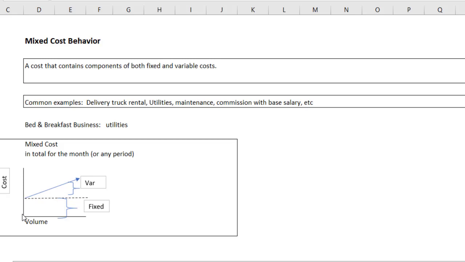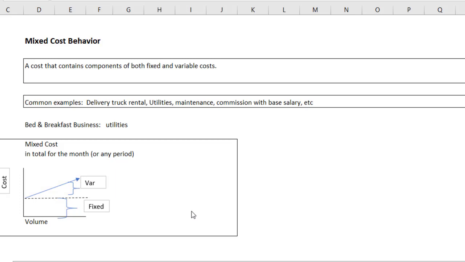Let's say we know we're going to spend $100 a month on utilities no matter what. So that level from there down is the fixed amount. But then the more guests we have, the more we use the air conditioner, the more we use the refrigerator, the more we use the television, etc., then your utilities are going to go up. So that amount from the line down to the fixed line is the variable amount.